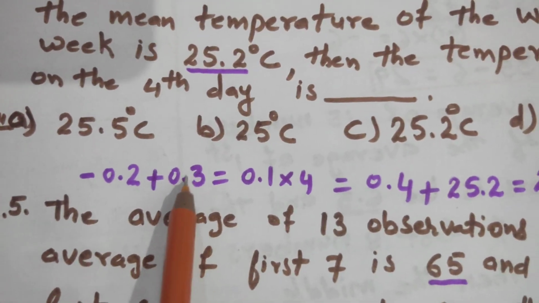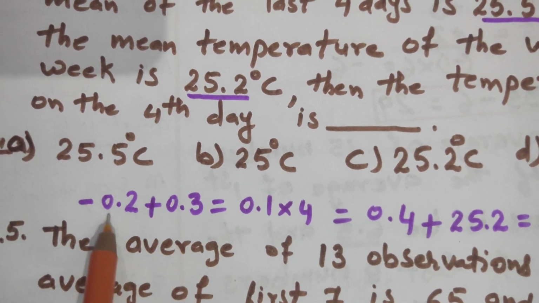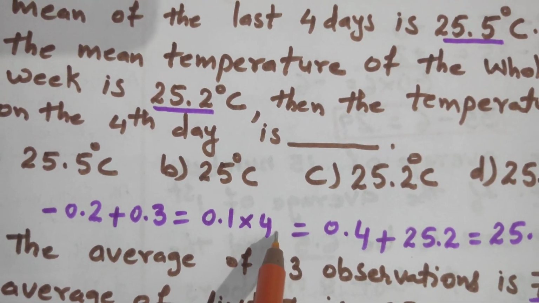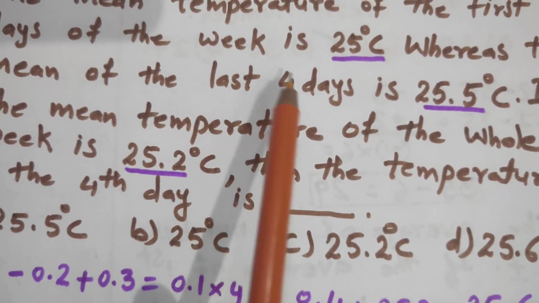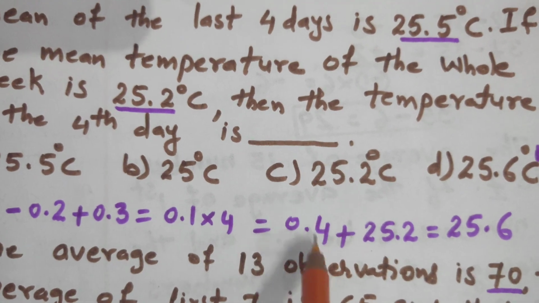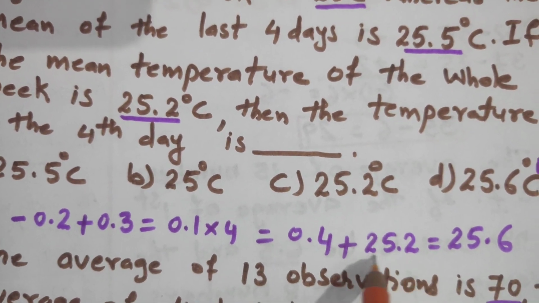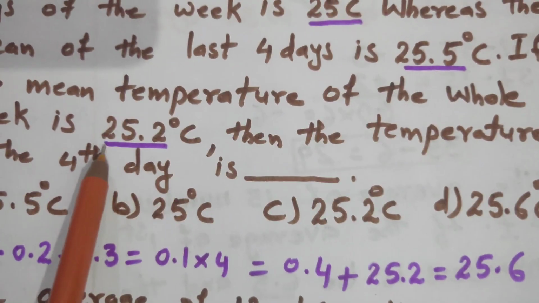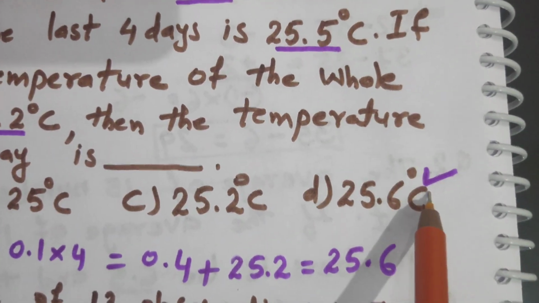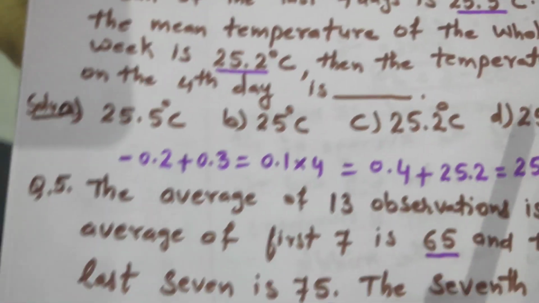So it will become 0.3. When we add it, it will be 0.1, and multiply by 4. Why? Because there are first 4 days and last 4 days. So 0.4. This will be added to the whole week's average, that is 25.2. So we will get 25.6 as our answer.